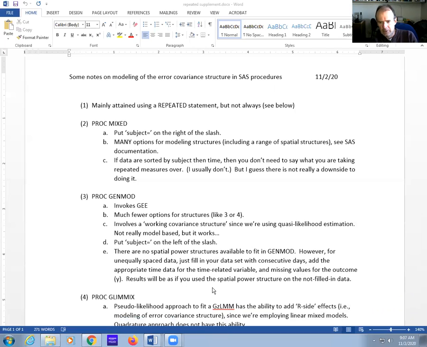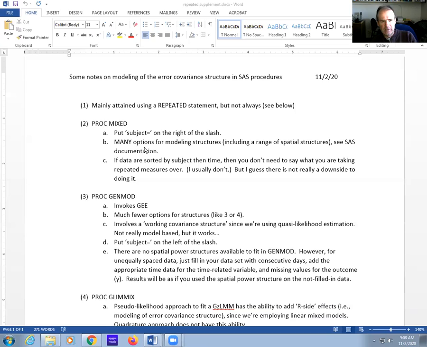If you have day-to-day correlation that you need to address, like with the AR1 structure or something like that, that's commonly what we use it for. There are some funny things about the repeated statement if you look at how you use it over different procedures. For example, for proc mixed, we put subject equals on the right side of the slash, but in GenMod, you actually put it on the left side of the slash. I don't know why there's that difference, but that's just the convention they have.